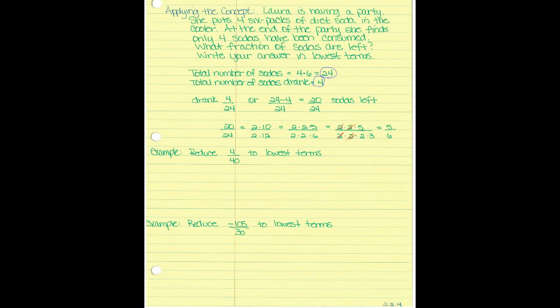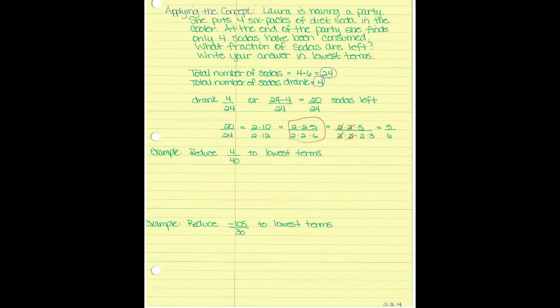Now, you might be able to just leave it without going all the way down to the primes. If you just see what they have in common, then you can stop there. My thing is I usually try and do it down to all the primes just in case I miss something.